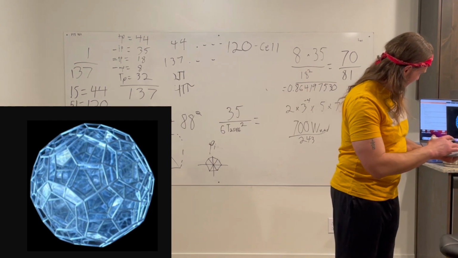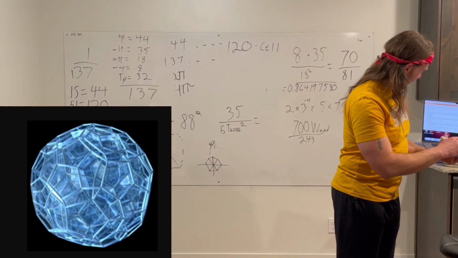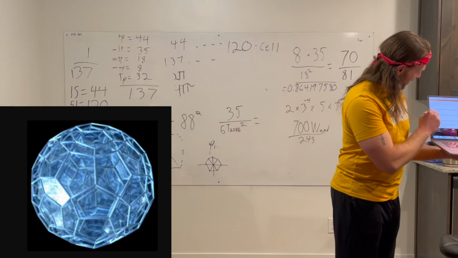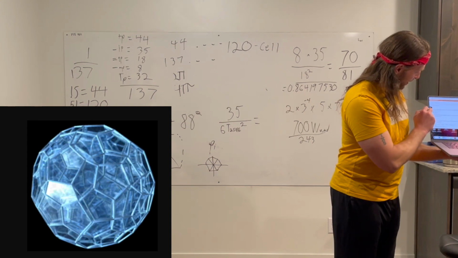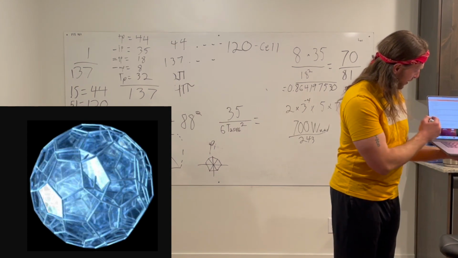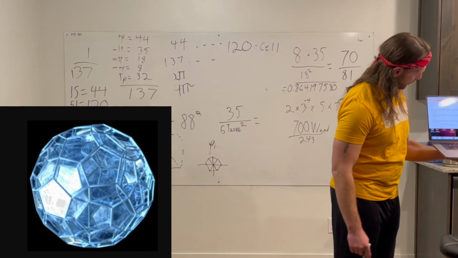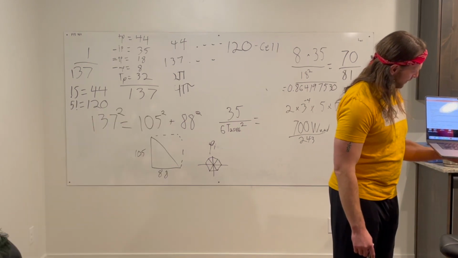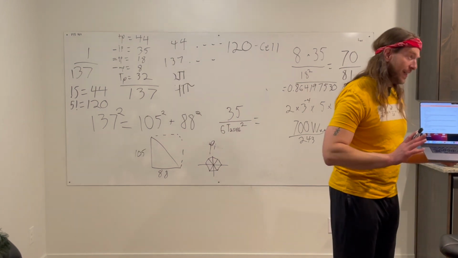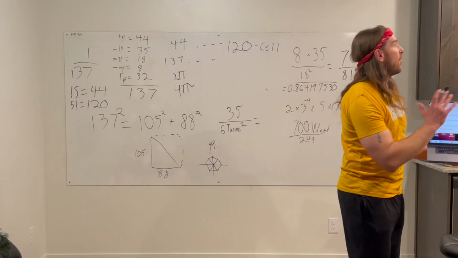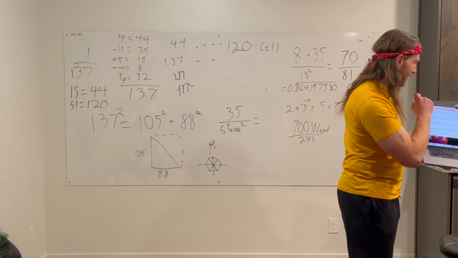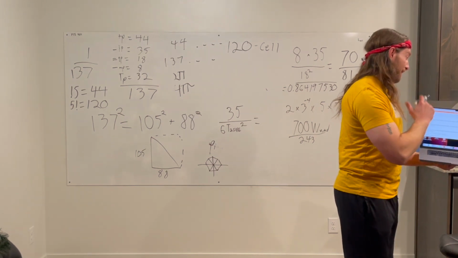I think this is the only time this really ever happened, but it's like, all right, I have 70 over 81. All right, that's cool. This other thing I can't parse. I'm like, that is oddly specific, and I've never seen it do that before. That's interesting.